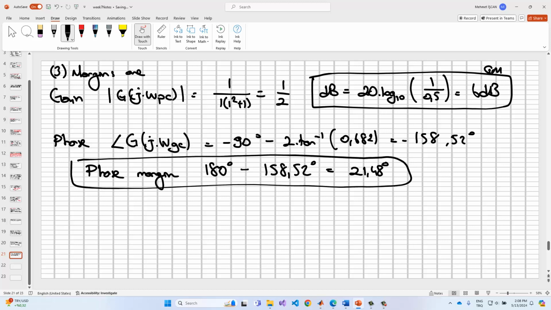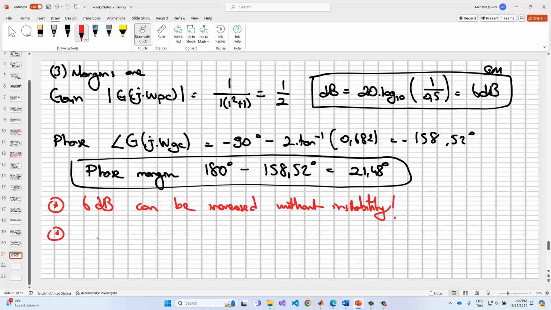Okay, what does it tell us here? What's the meaning of these terms? The gain margin of 6 dB means that the gain can be increased by this many dB without instability. So if we increase the gain or the magnitude of these terms, the 6 dB can be used without instability.